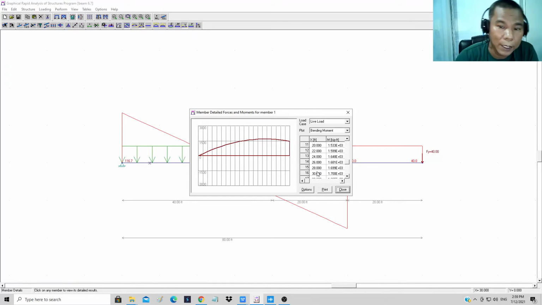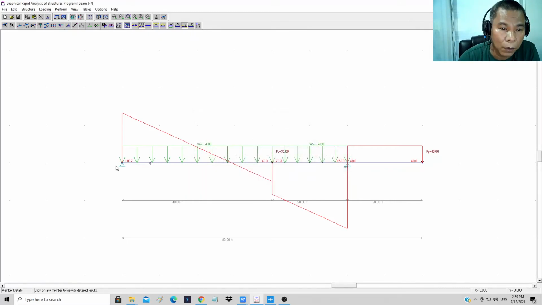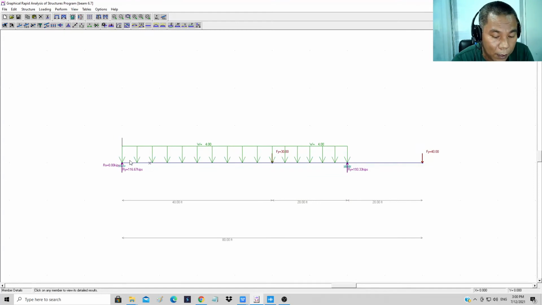So we can do that by looking at the reactions first. That's 116.67 divided by 4, so that's 29.1666. Okay, that's the distance.